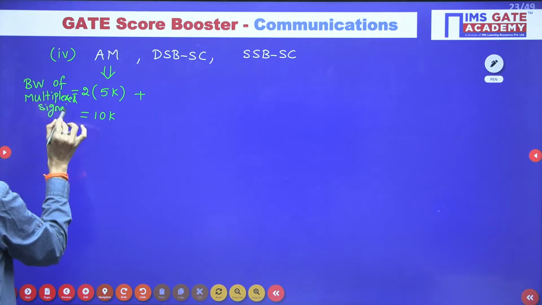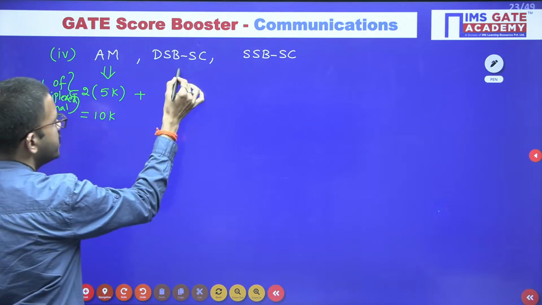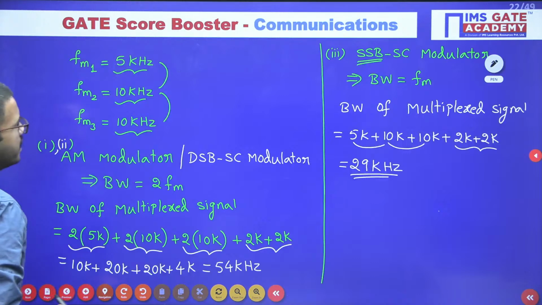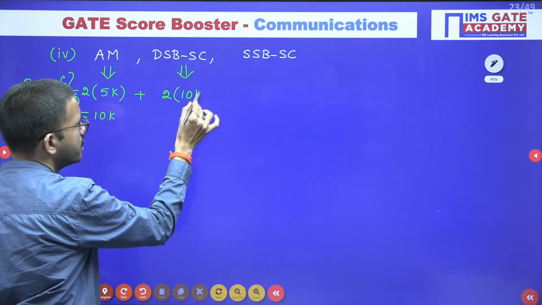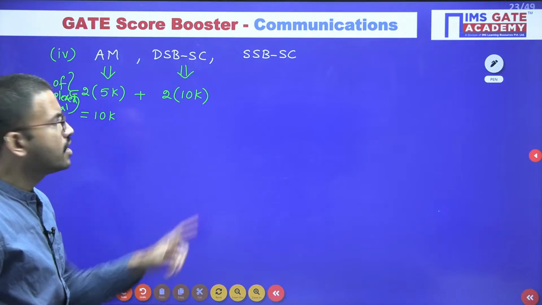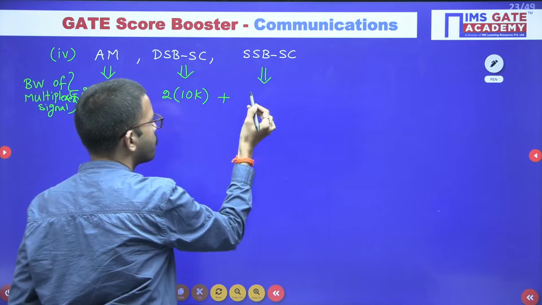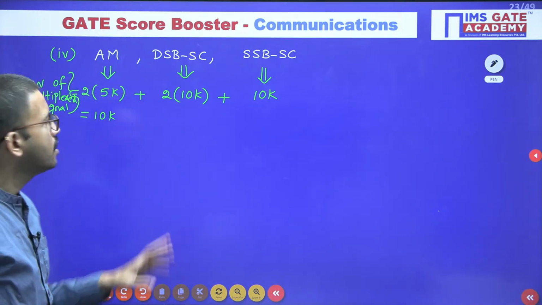Here DSBSC also needs 2 times the maximum frequency of the message signal. Here in this case, 2 into 10K, 2 into 10K. Now regarding SSBSC, it is only FM, but the third signal's maximum frequency is 10K.